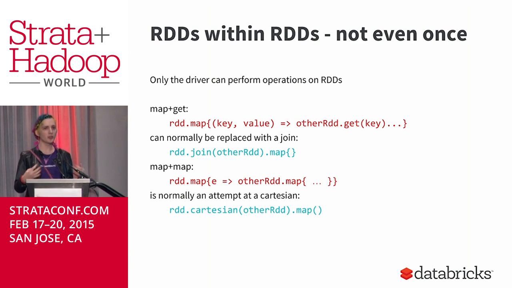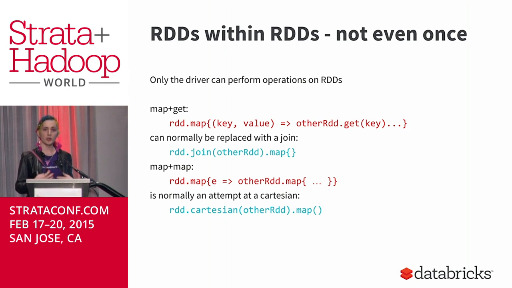Another thing which doesn't work is when you try and access RDDs inside of transformations on other RDDs. I do this a lot sometimes just out of functional habit because I'm used to writing maps inside of maps. It's pretty convenient, but it doesn't really work in Spark. A really common one is when we do a map followed by getting the key from another RDD.